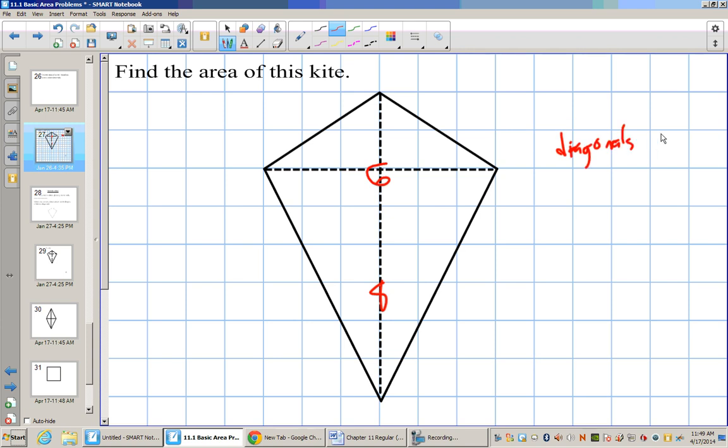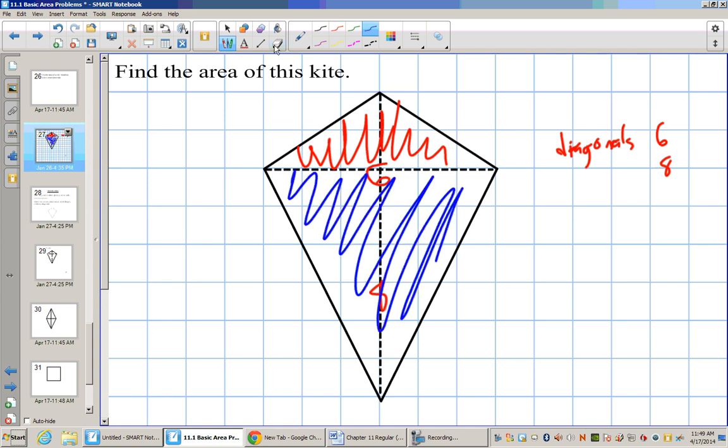are 6 and 8. Now, one thing we could do is break it down into two triangles where we have one triangle on top and we can have another blue triangle on the bottom. Now, if I did the top, we'd do 6 times 2 divided by 2.